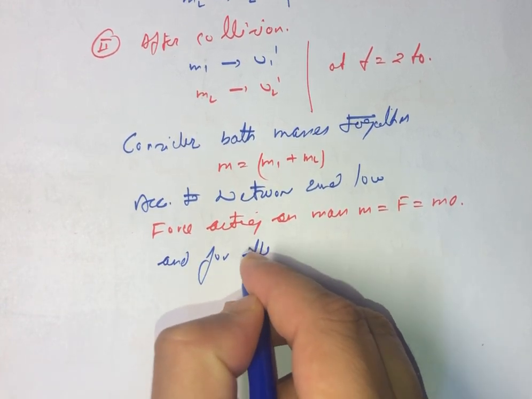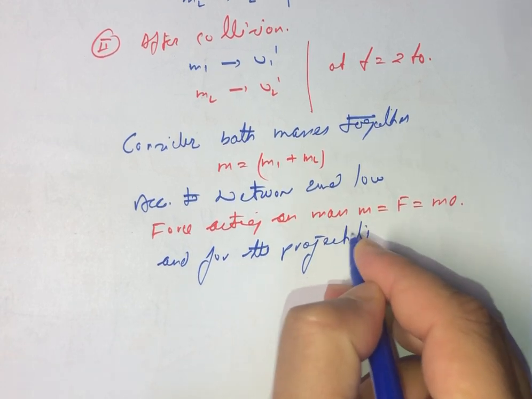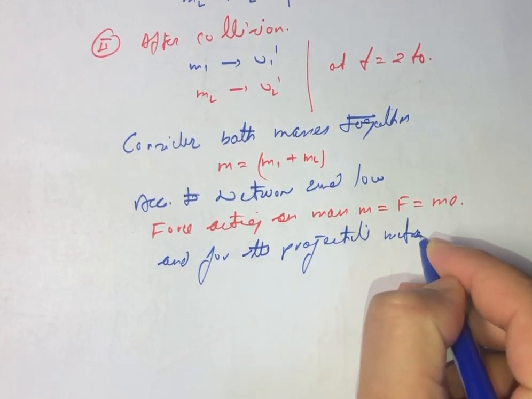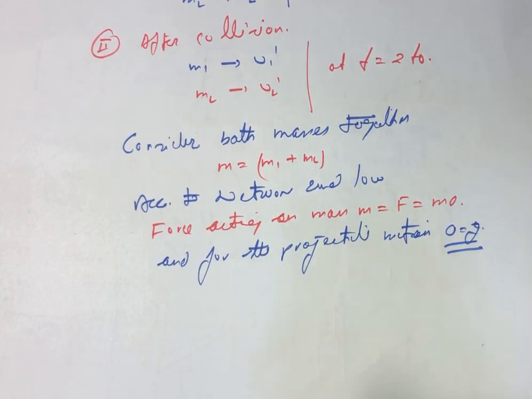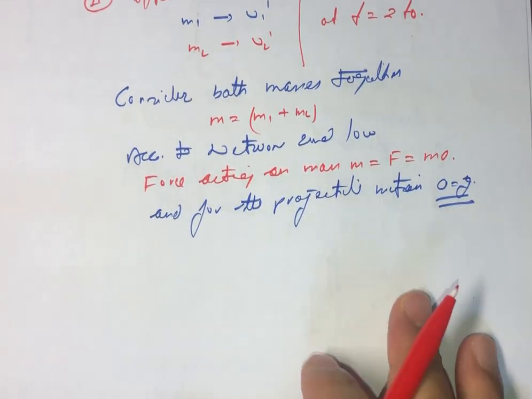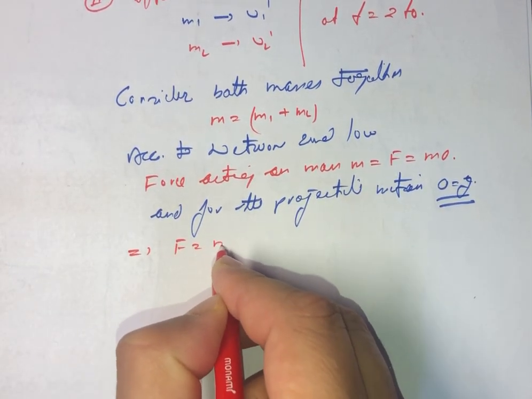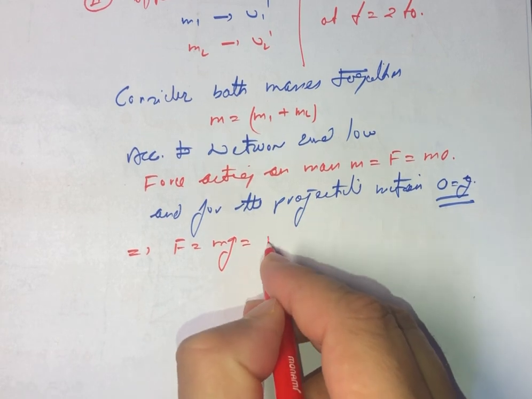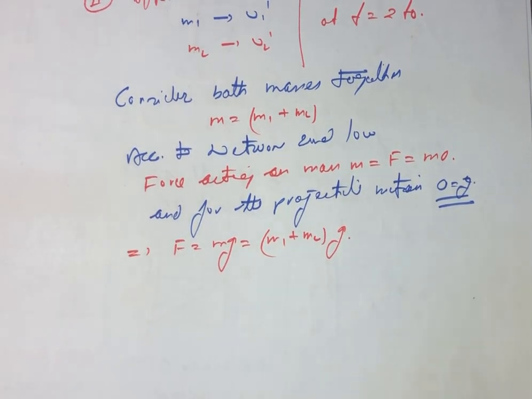For the projectile motion, a will be equal to g. Therefore, we can write the equation as F is equal to mg, or we can say m1 plus m2 multiplied by g.